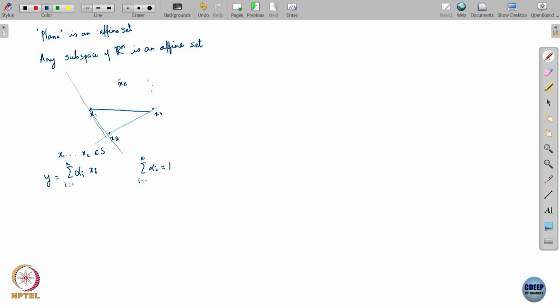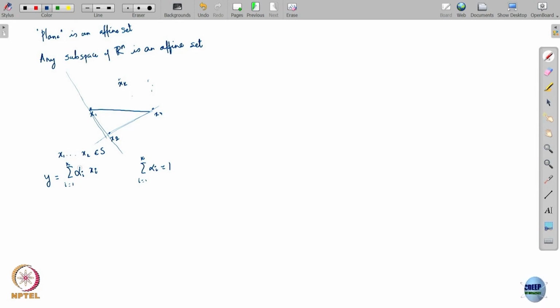And as you keep doing this, what you are creating is something called a hyperplane. As you include more and more points like this, eventually what you create is something akin to a subspace.